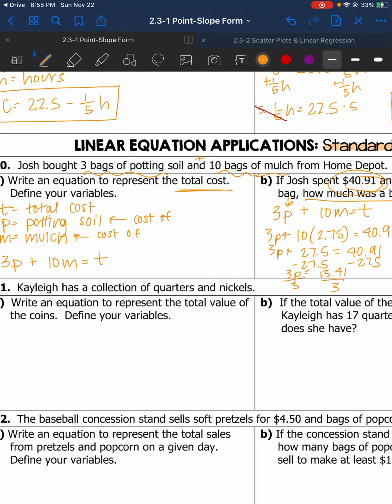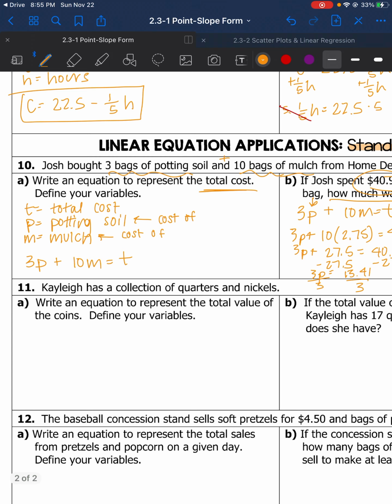All right, number 11. Kaylee has a collection of quarters and nickels. Write an equation to represent the total value of the coins. Okay, so we'll use T to represent total. We'll use Q to represent the number of quarters, and then N to represent the number of nickels.